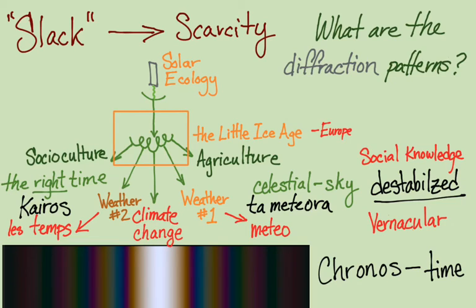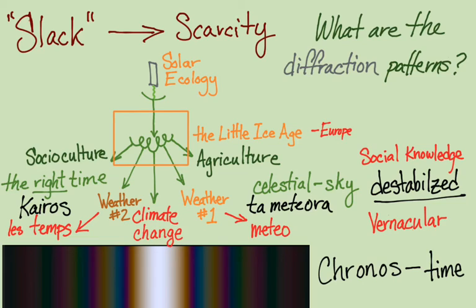And there's actually language, Greek language, Romantic languages, where the right time is different than the celestial sky time. And both time words are tied to things like weather. So you have kairos and ta meteora. Again, my pronunciation is horrible.